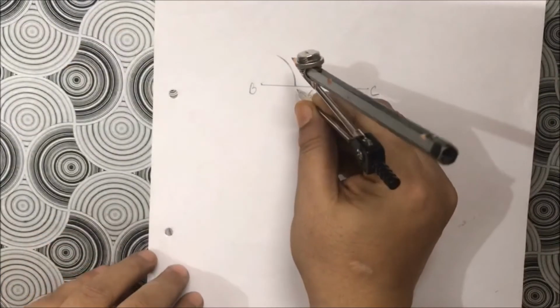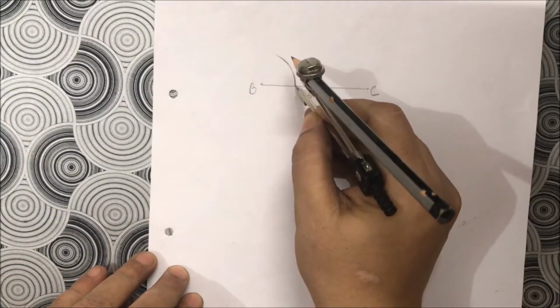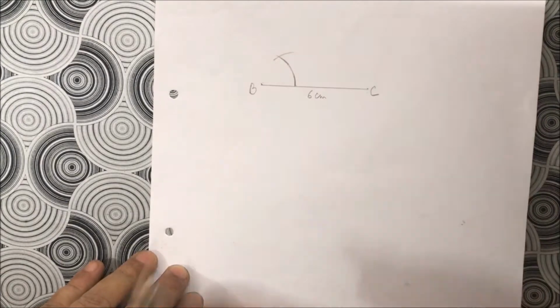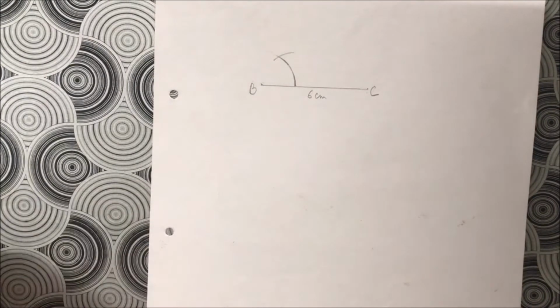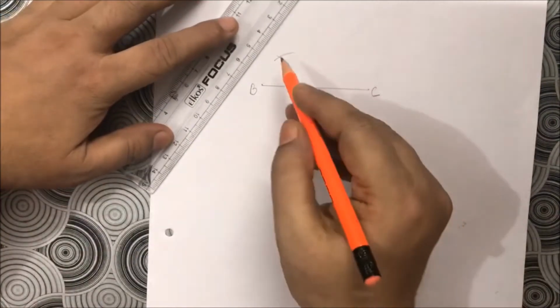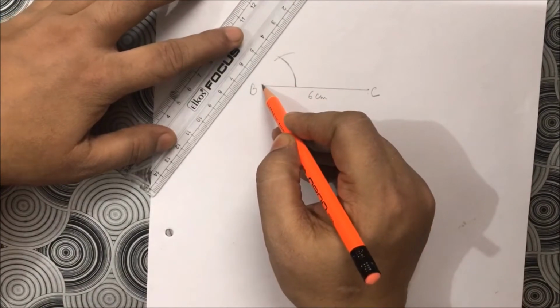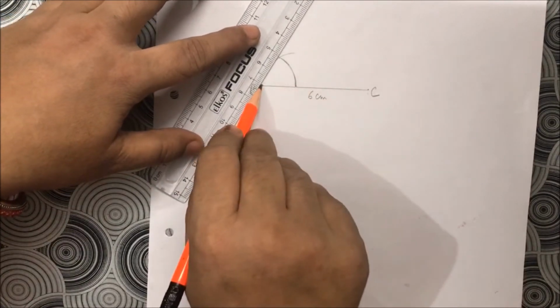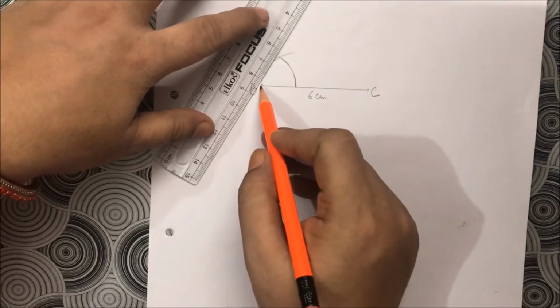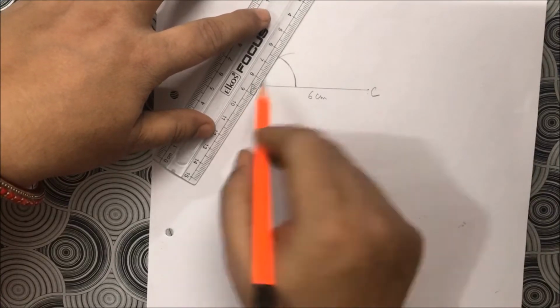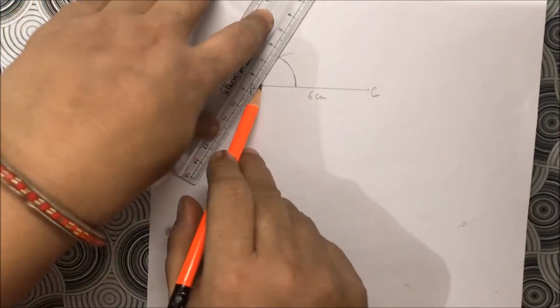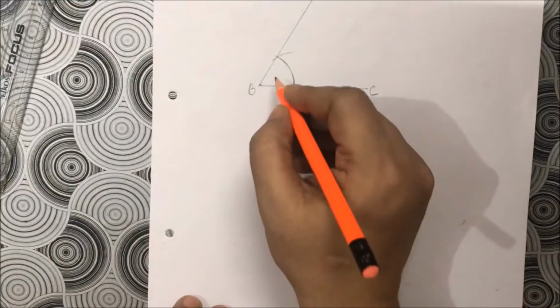Then with this point as center, draw an arc. Then we join A to this point of intersection. So this is 60 degree.